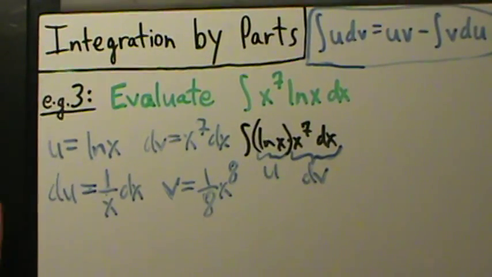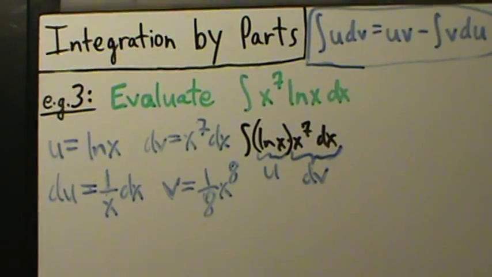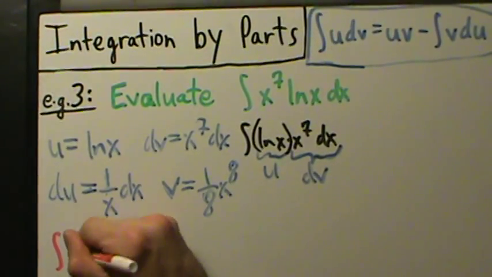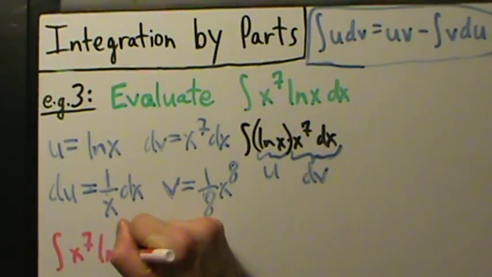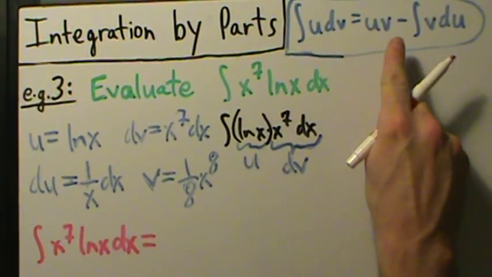Let's go ahead and plug these into the formula now. The integral of x to the 7th times the natural log of x dx equals uv.